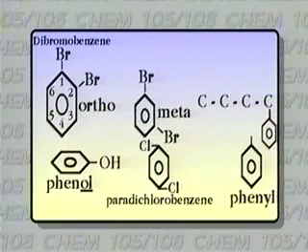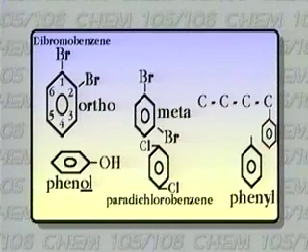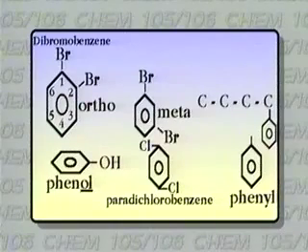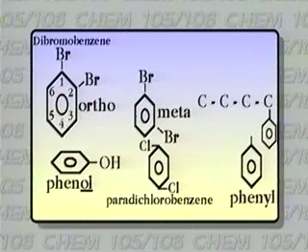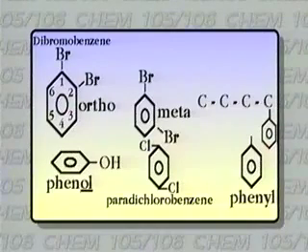Again, there's a common name. But oftentimes in organic naming, we call this group here the phenyl group. For instance, here we have the phenyl group hooked to an alcohol, and we call it phenol. We drop the YL and substitute the OL.